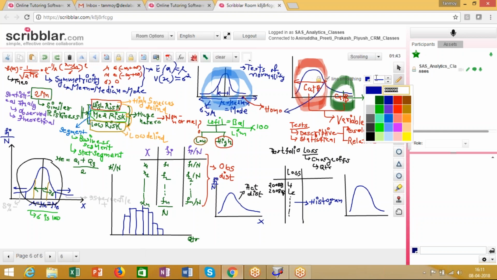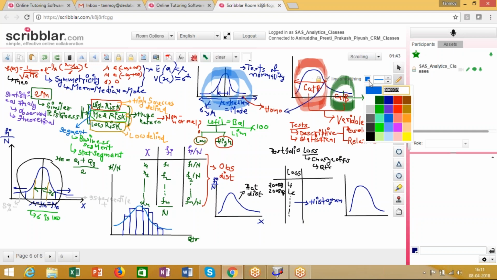The next part that happens is I take out my theoretical distribution, which is the normal curve. So I take that and I place this curve over it.